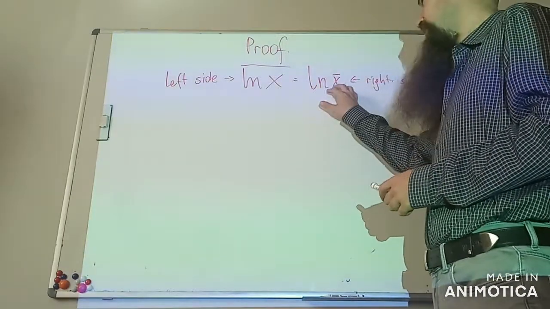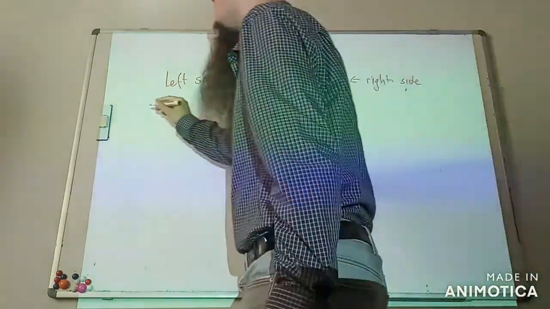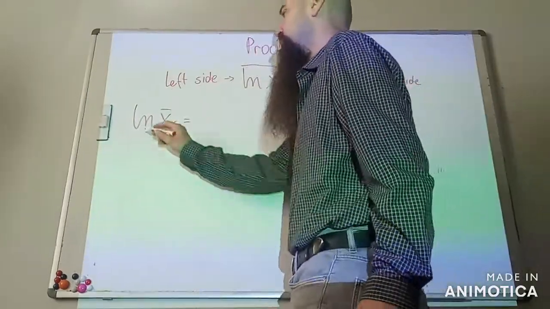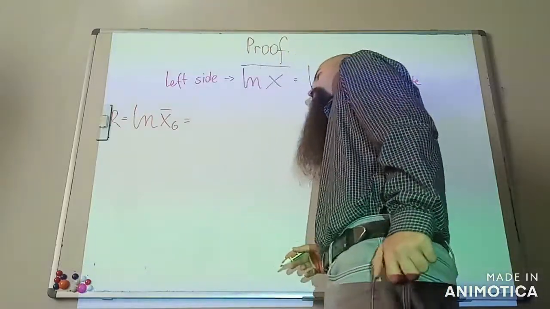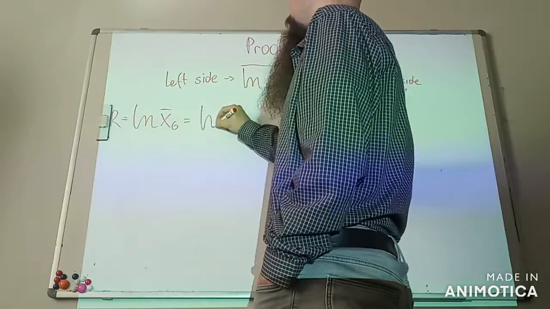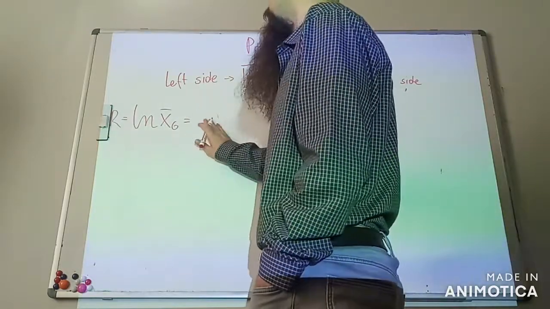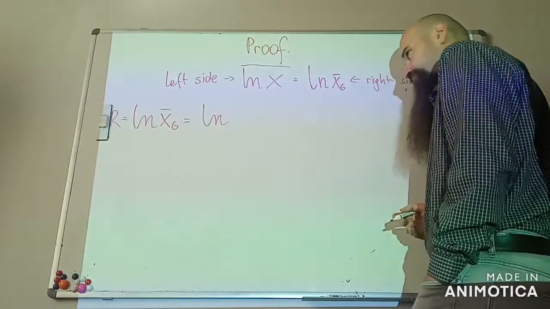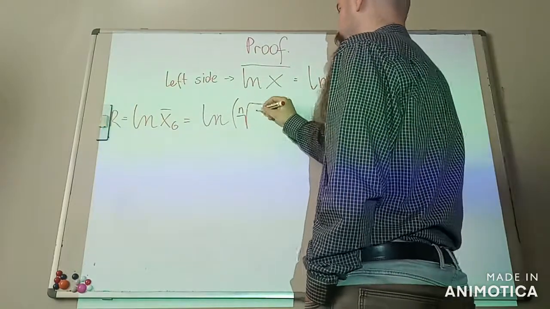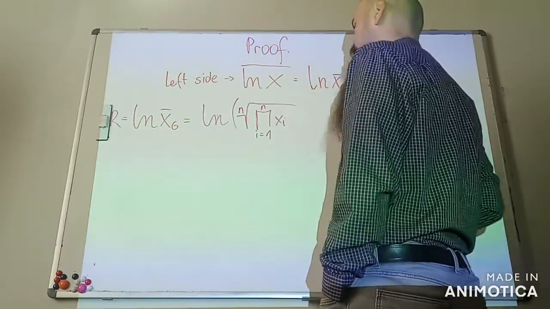Let's start with the right side of this equation and expand it. The logarithm of the geometric mean is the right side of the equation, and it equals the logarithm of the nth root of the product from i equal 1 up to n of xi values.